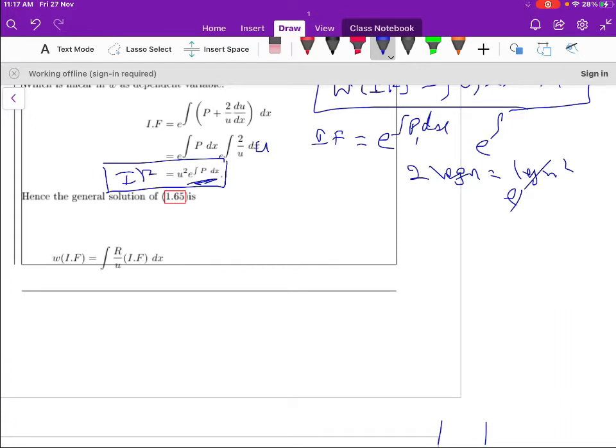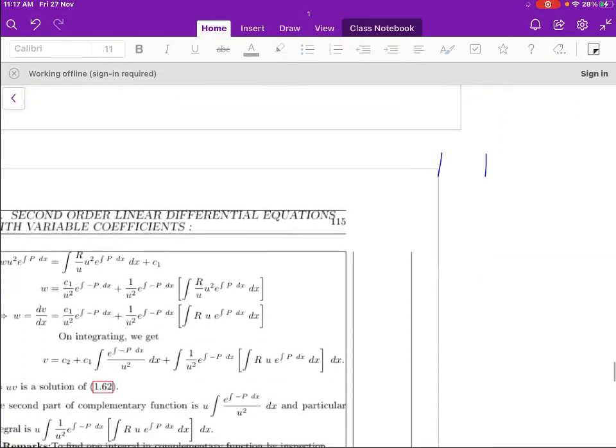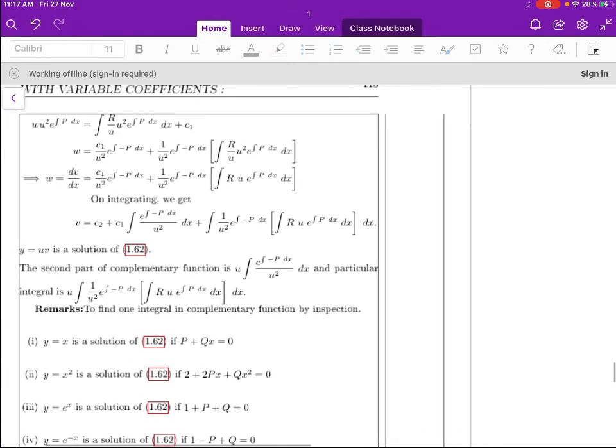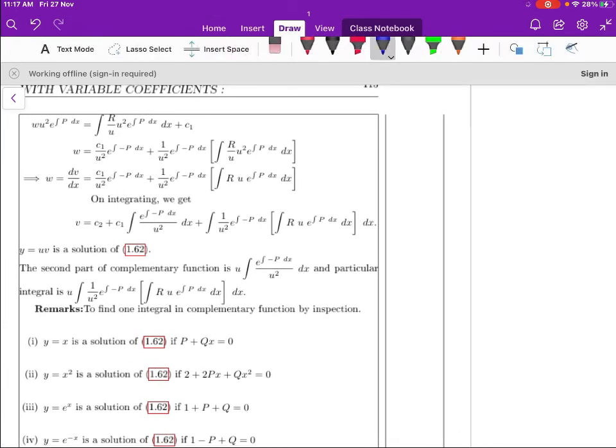And the general solution of the linear equation is w into IF equal to integral of r by u into IF dx. So this can be written as w into u square e to the power of integral of p dx is equal to integral of r by u into u square e to the power of integral of p dx, dx plus c1.